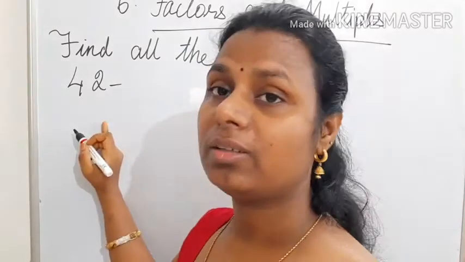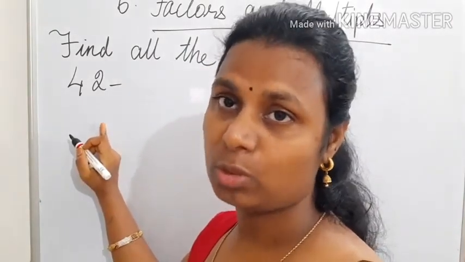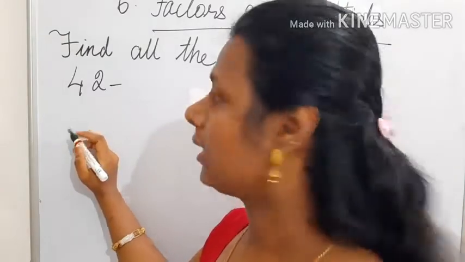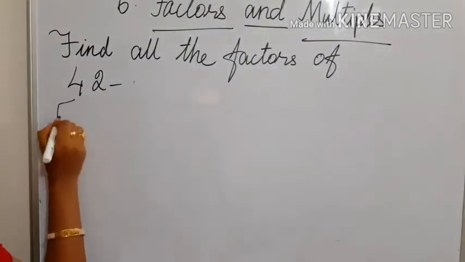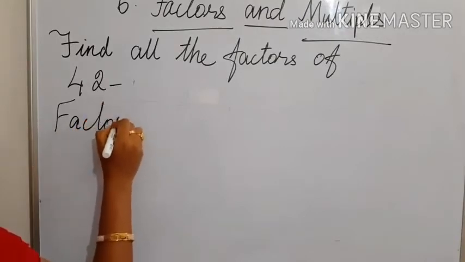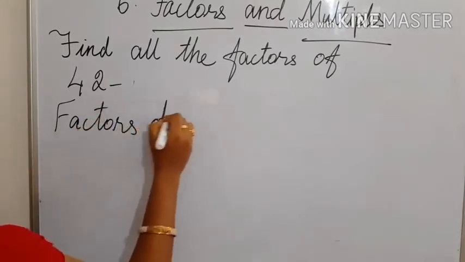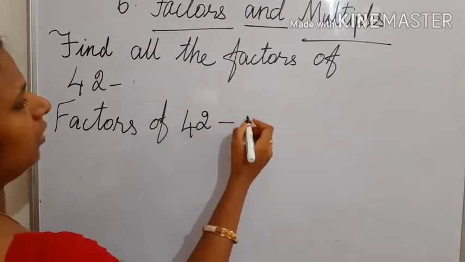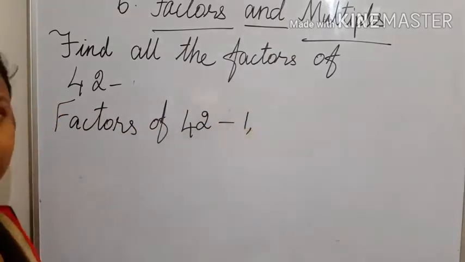So 42 is divisible by 1. 42 can be divided exactly by 1. So the factors of 42 we can start from 1.